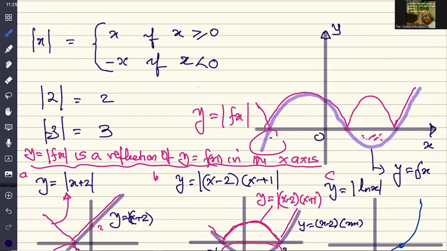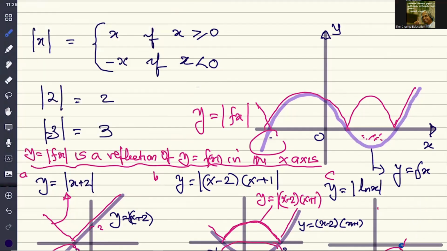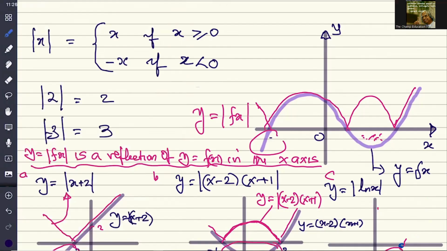Now look at the graph. Y equal to modulus of natural log, ln x. So we simply draw the normal one, y equal to ln x. So the graph will be like this. So only this part will be reflected. So that will go like this. Sorry, that graph is wrong. I think that graph is wrong. That goes something like that.